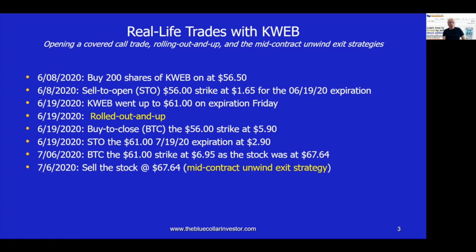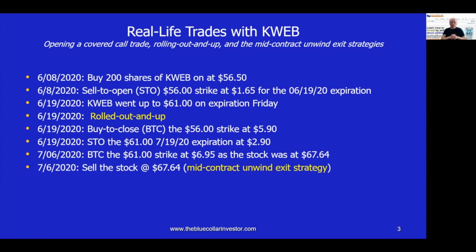We bought to close the 56 strike at $5.90, which included the intrinsic value component plus a small time value component, and then sold the 61 7/19, a month-out expiration, at $2.90. We're going to be talking about the calculations in the next few moments. So we initially structured our trade, and then we rolled out and up.